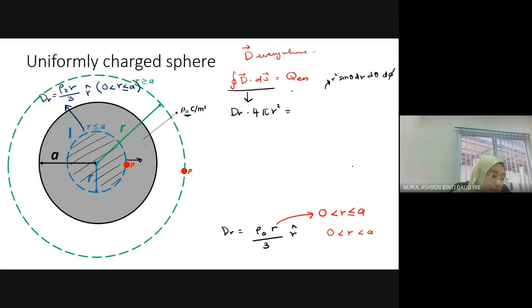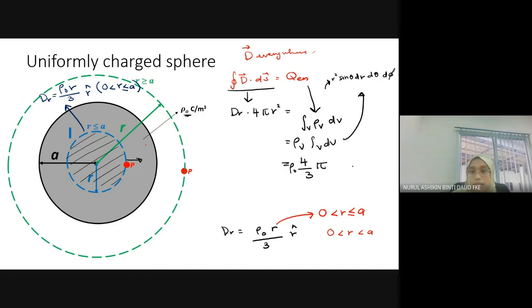It will also be the same, since the formula is rho v dv, and our rho v is the same rho naught, which gives what I calculated earlier, 4 over 3 rho naught pi.